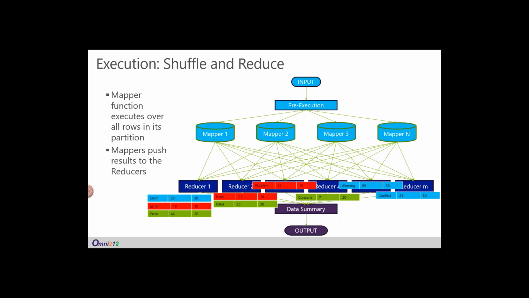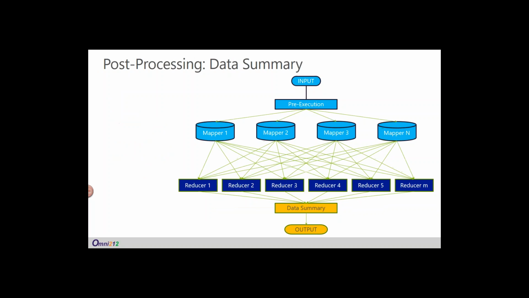In the last phase, the reducers finish carrying out their operations in parallel. You can see that we have the totals for each of the keywords that each reducer computed. Reducer 1 computed the count for the occurrence of the word error.